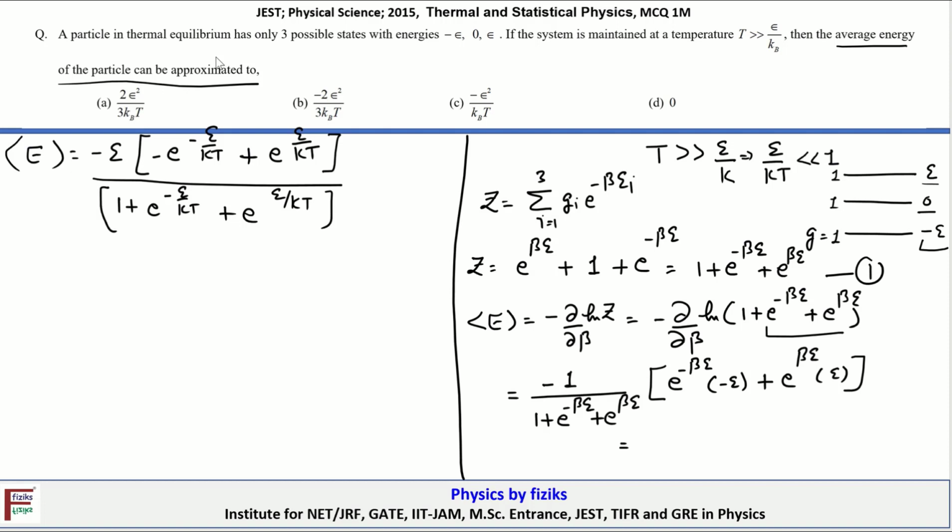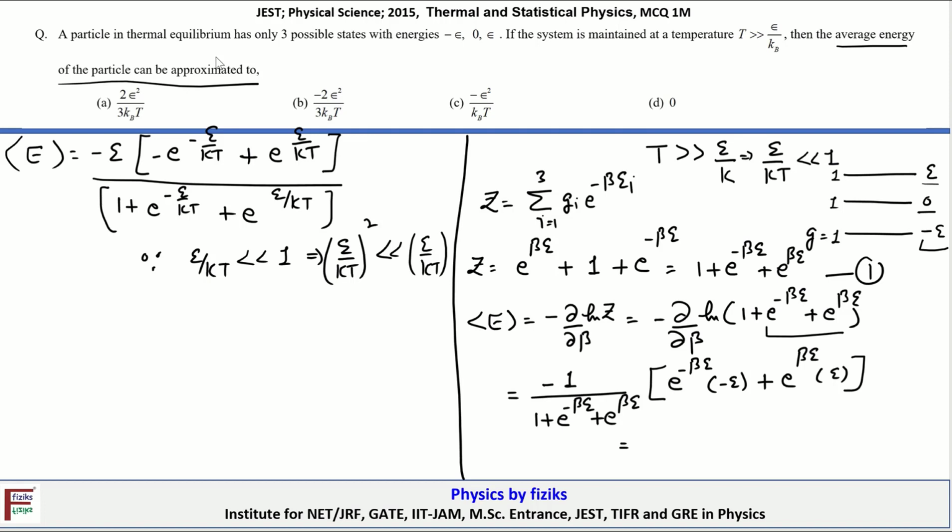Here we are going to apply the approximation, because it's given that E upon kT is much smaller than unity. This implies (E upon kT) square is going to be even smaller than E upon kT. Therefore we will neglect the higher order terms upon expanding the exponential term.